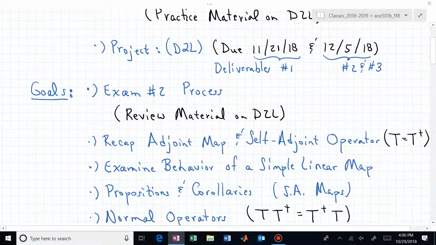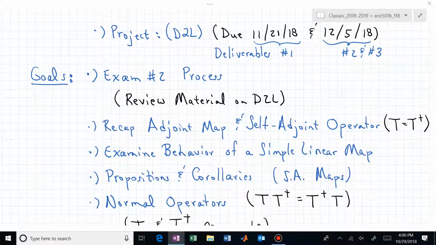Project, that description and the deliverables, just as a reminder, there are 3 deliverables and they have 2 different sets of due dates. The first one is due before the Thanksgiving break on the 21st of November, and the 2 and 3 deliverables are in a package.